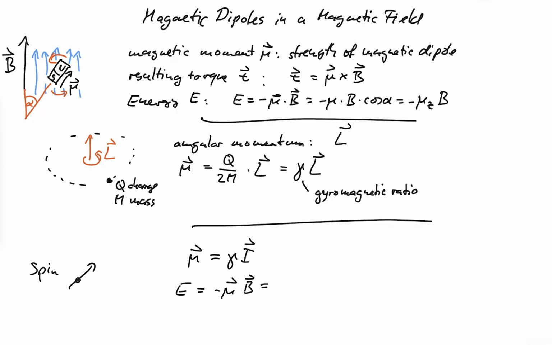And this is minus mu Z times B, or can also be written as minus gamma times I_Z times B, which is expressed in the quantum states by gamma times M times h bar times B, where M is the so-called magnetic quantum number.